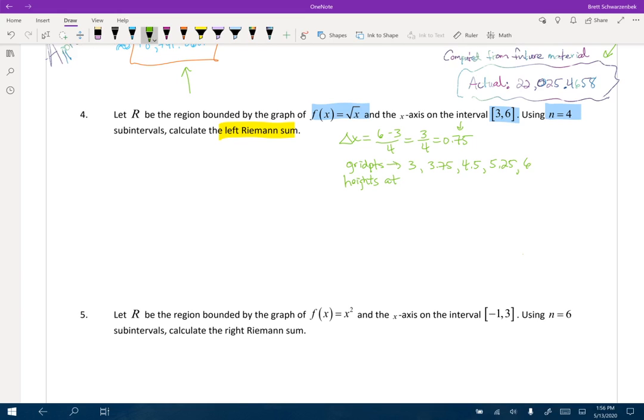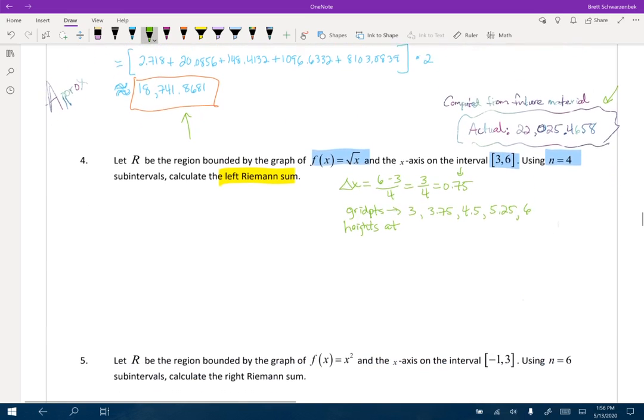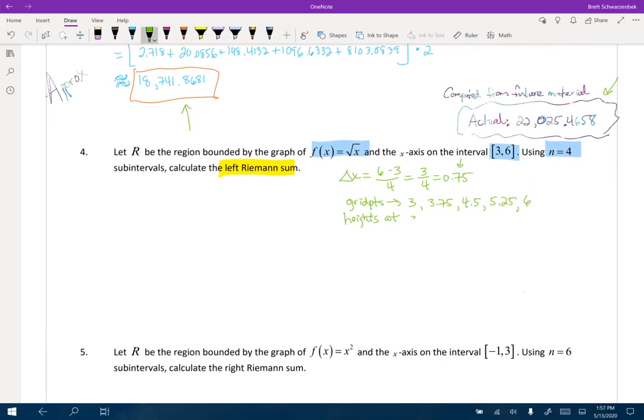So that means our heights are at 3, 3.75, 4.5, and 5.25. And when you're done, as we stated before, the number of values you get here should be the same as the number of rectangles. That's a great way to remember how to do it.